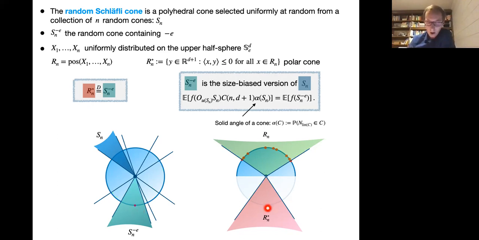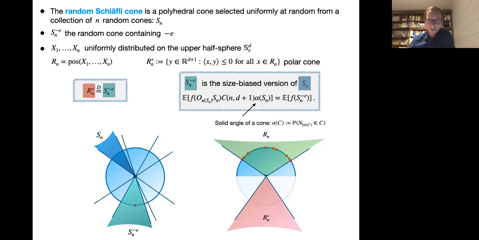So the dual of this positive hull of the random points on the half sphere has the same distribution as the random cone containing the South Pole in the model on the left-hand side. This is the first observation. The second observation is the South Pole cone is the size-biased version of this Schläfli random cone here, meaning exactly what is written here.